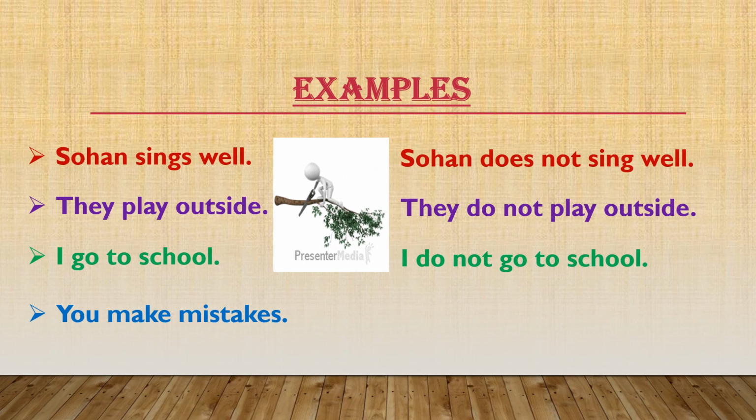Again, just follow step number 6. Step number 6 says, in case of you, you will have to use do not. So your sentence will become, you do not make mistakes. See how simple it is. Just follow the steps and your sentences will change into negative.